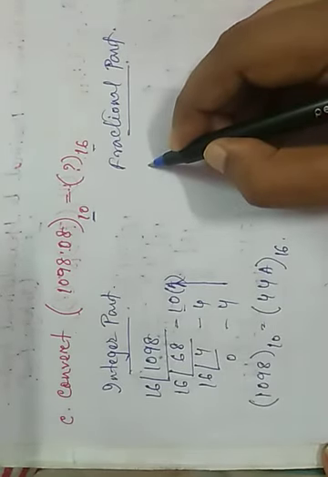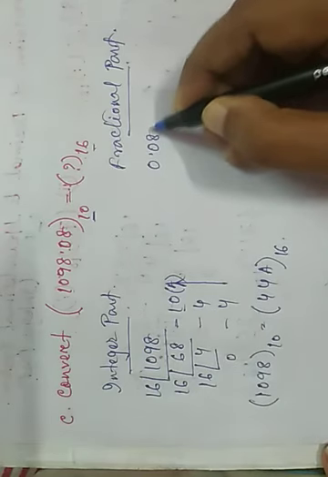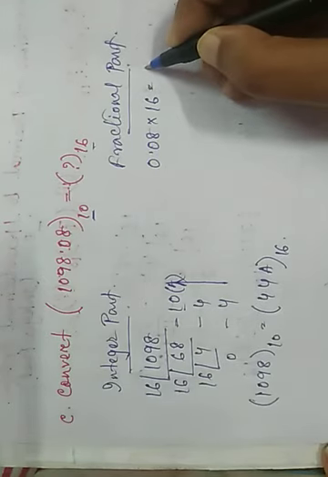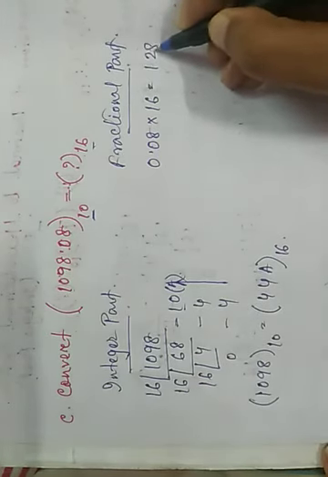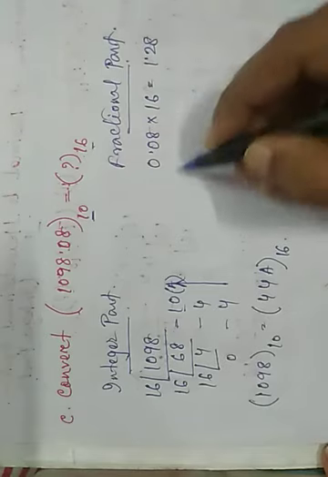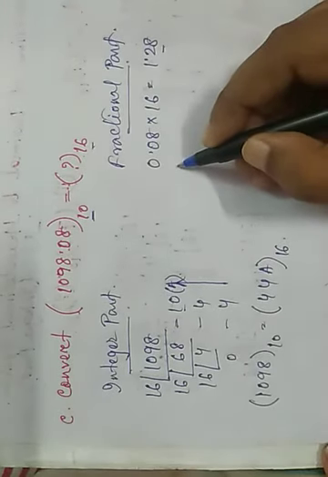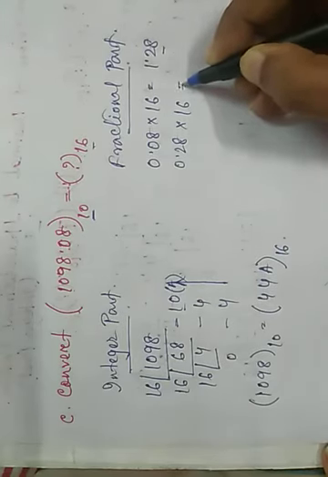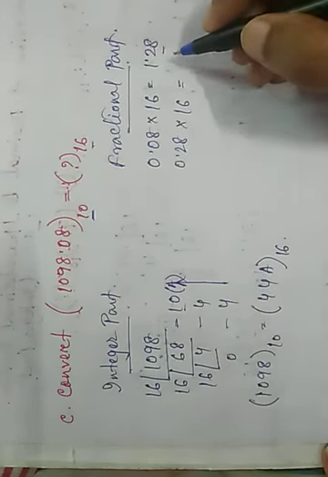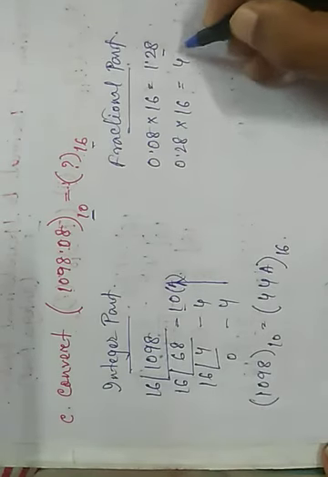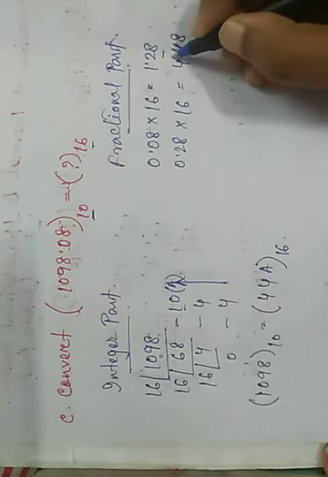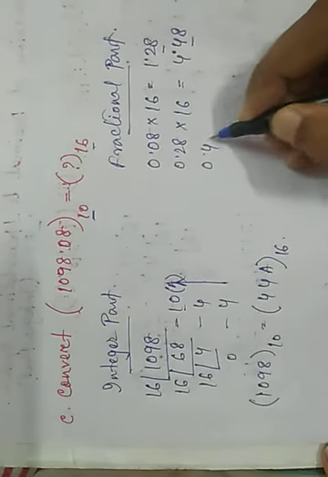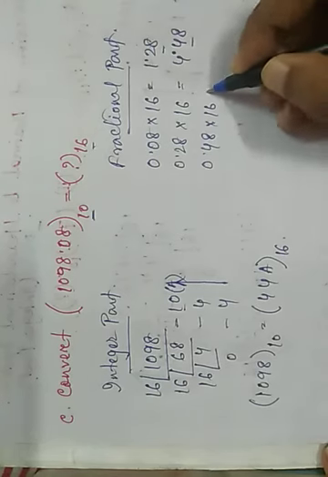Fractional part will be 0.08 into 16 equals 1.28, 2 decimal places here. Take the fractional part, 0.28 into 16. It will be 4.48. Take the fractional part, 0.48 into 16.